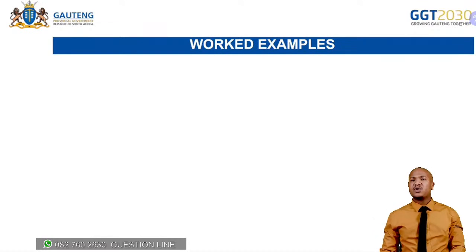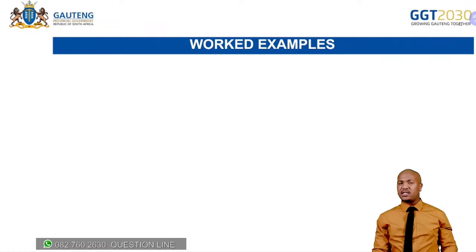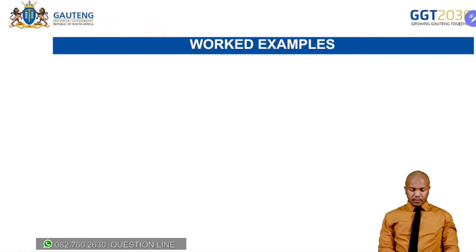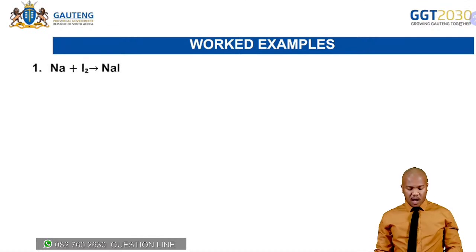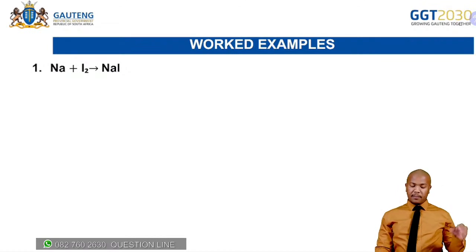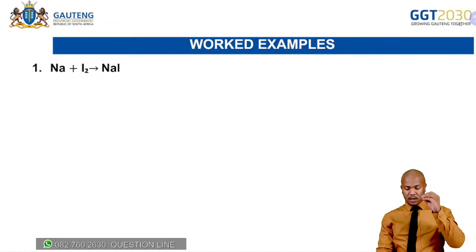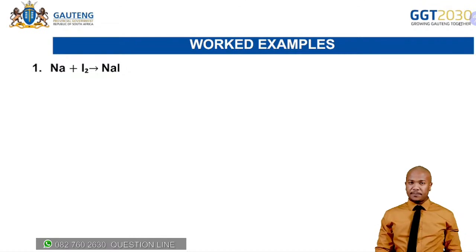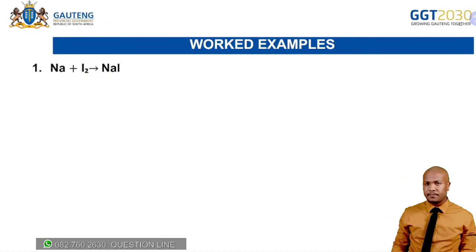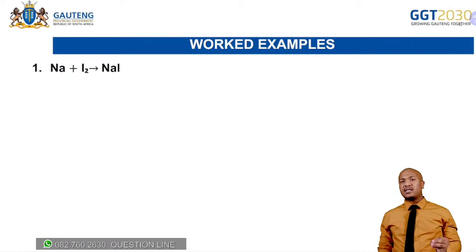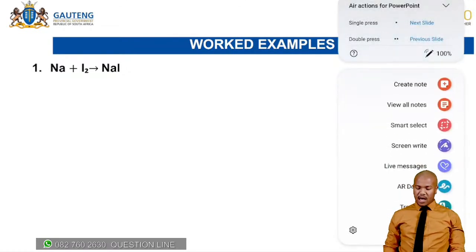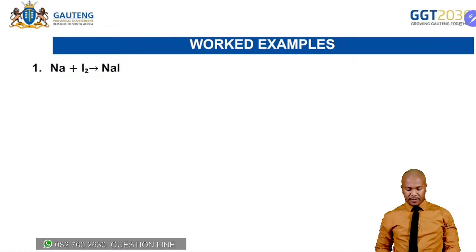So now, let's look at some examples on how to balance these equations. First of all, we have sodium plus iodine forming sodium iodide, Na plus I2 forming NaI. Now look at this. This is how we can balance an equation. I want us to work together with this one.